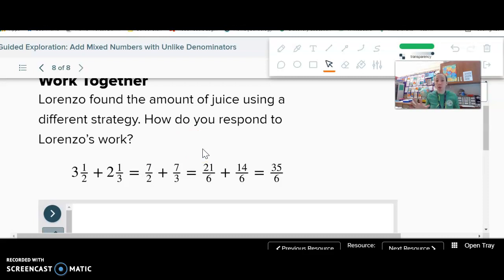So if you love improper fractions and you love changing them back and forth, by all means use this strategy. It does have some advantages, especially when we get to some subtraction with mixed numbers. I think for a lot of mixed number problems, it's just an extra step that we don't need to do, right? Like I'm going to be doing some bigger multiplication. I'm going to be doing some like fancy things, more room for error. But again, if you love improper fractions, you could change it to improper fractions, then add, and then get your answer.